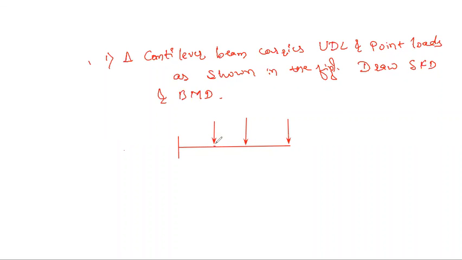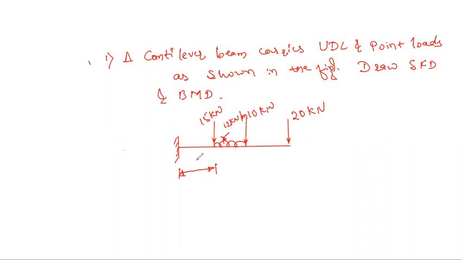Here the intensity of load is 20 kilonewton, that is point load. Here we have 10 kilonewton. Here at this part we have 15 kilonewton, and this UDL, the intensity of load is 12 kilonewton per meter.